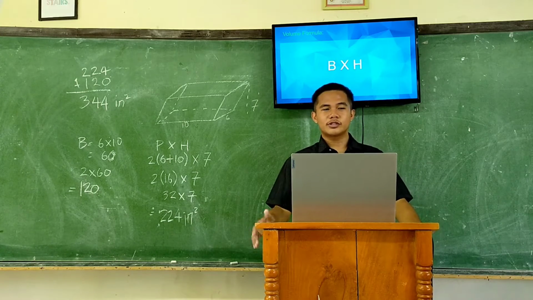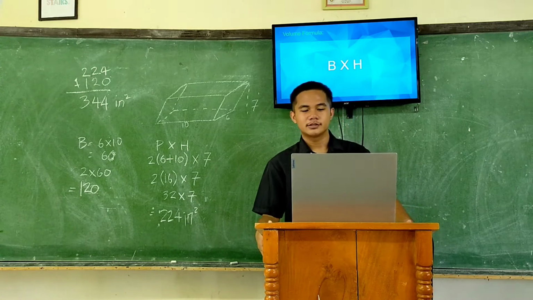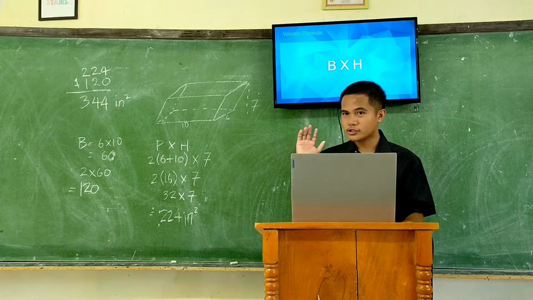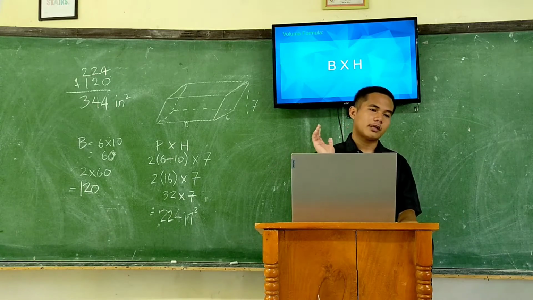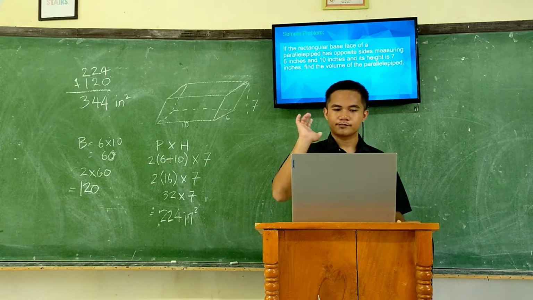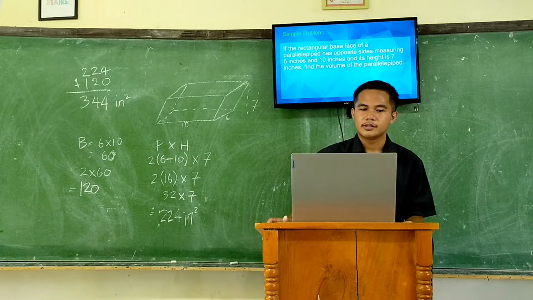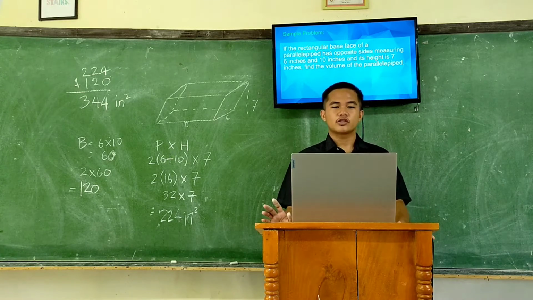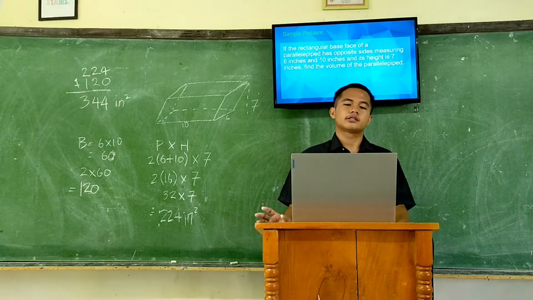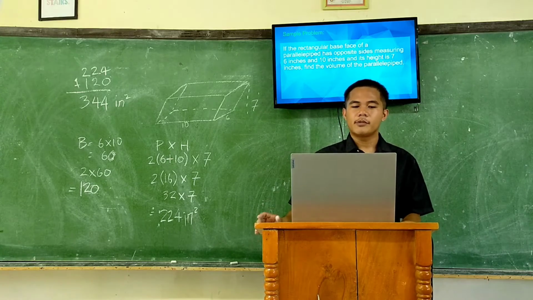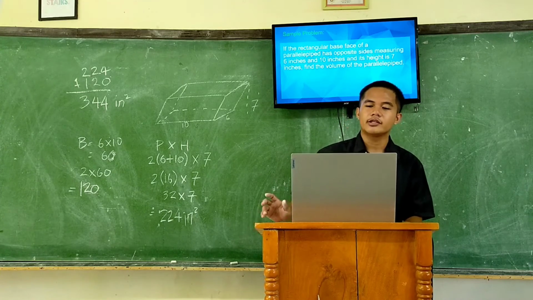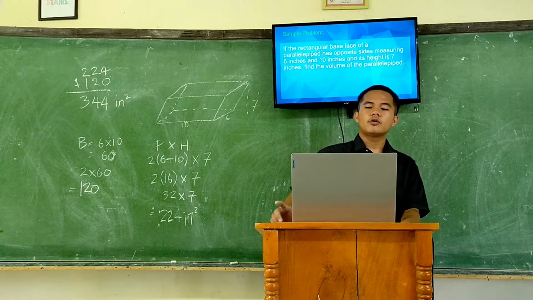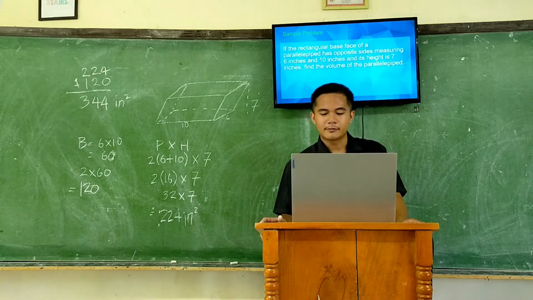So, kung simple nga ang ating formula, try to apply this formula with the same question or sample problem na binigay ko kanina. If the rectangular face of a parallel pipe has opposite sides measuring 6 inches and 10 inches and its height is 7 inches, find the volume of the parallel pipe.